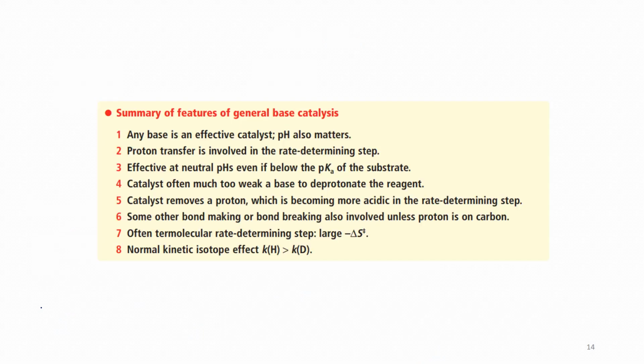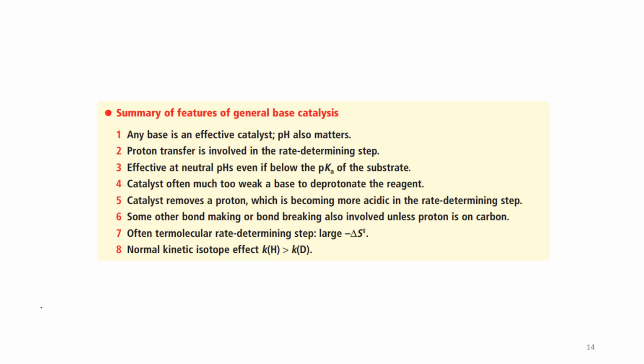So what is the summary of general base catalysis reaction? Any base is an effective catalyst and pH also matters. Proton transfer is involved in the rate determining step, effective at neutral pHs even if below the pK of the substrate. The catalyst is often much too weak a base to deprotonate the reagent.